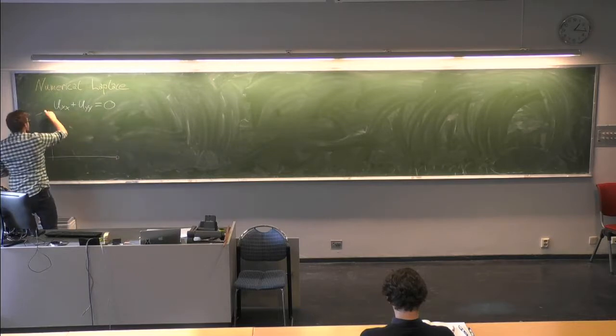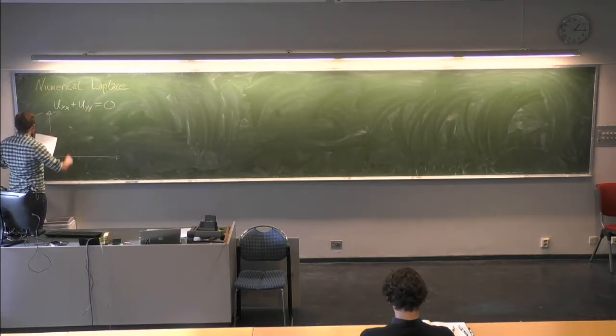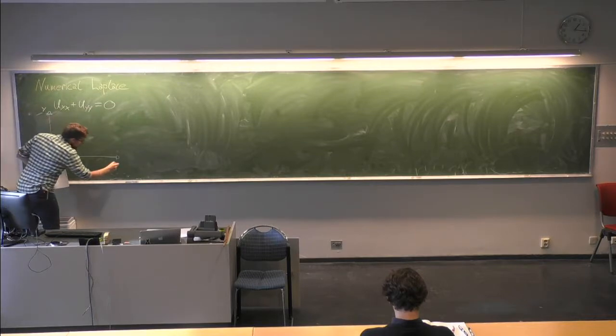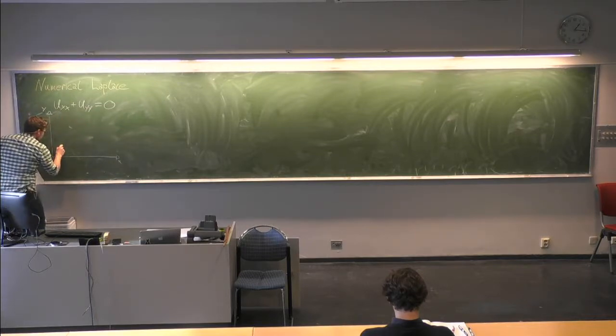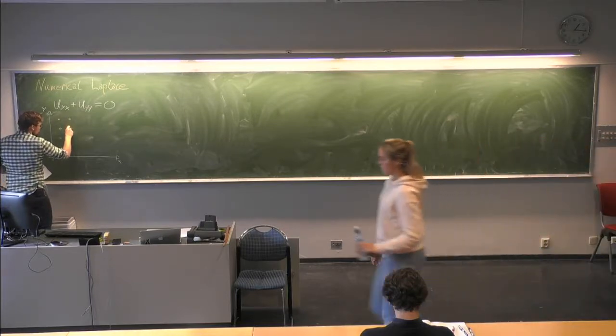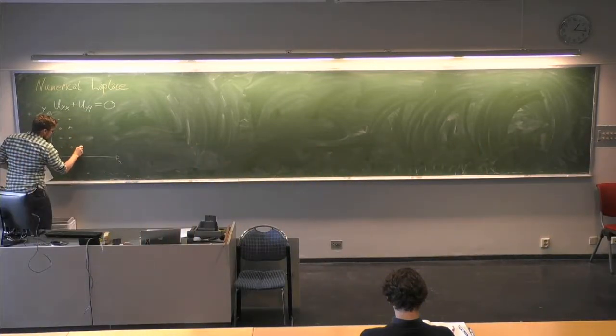Let me cheat a bit. So you have your grid here, y direction, x direction, and you divide it into nodes, like so.